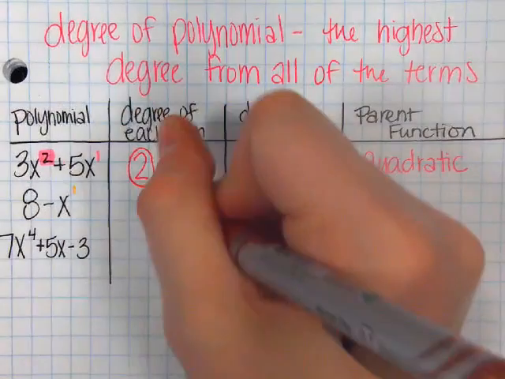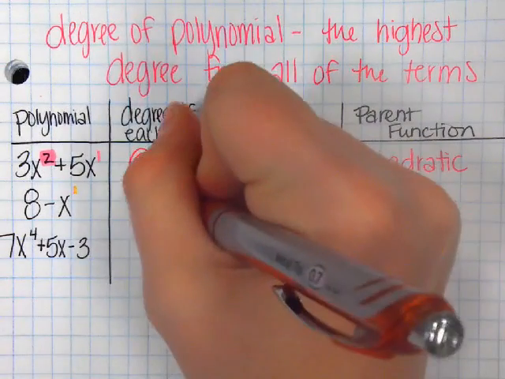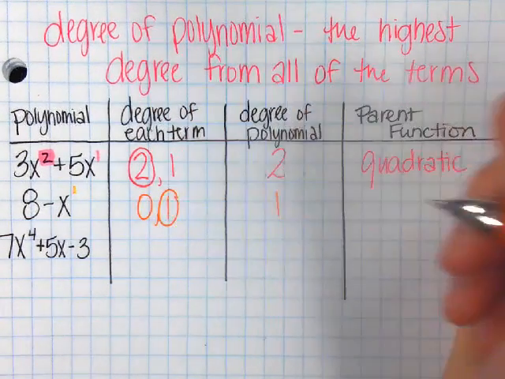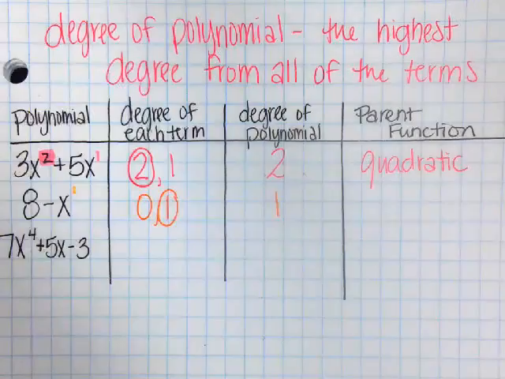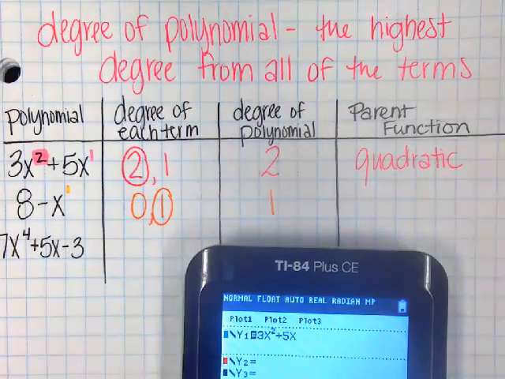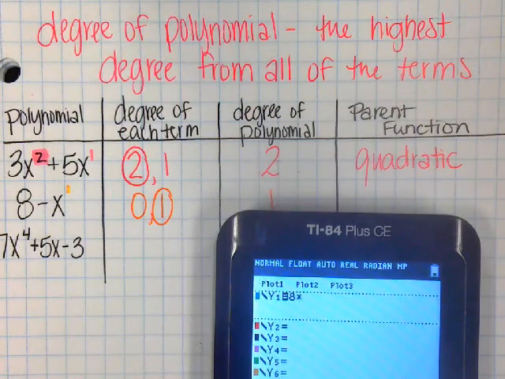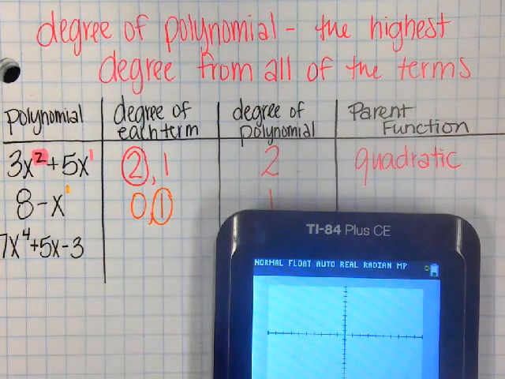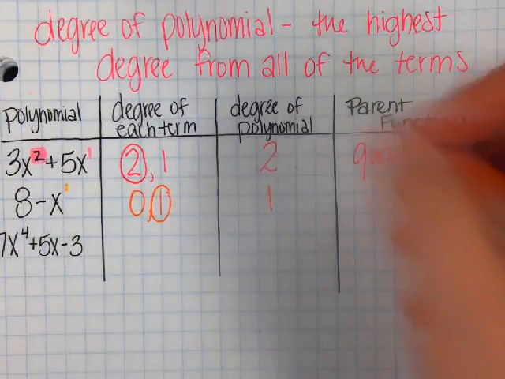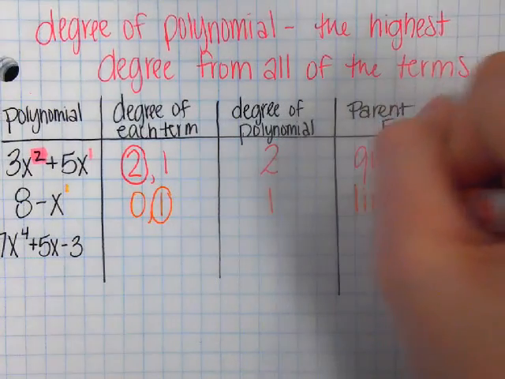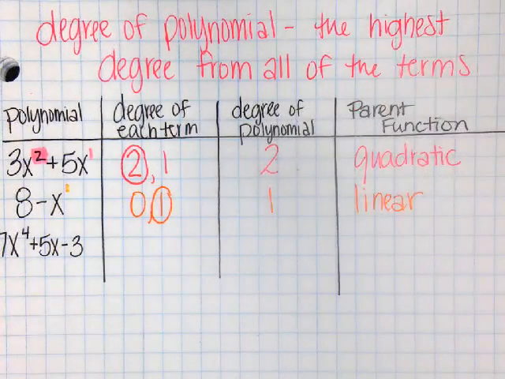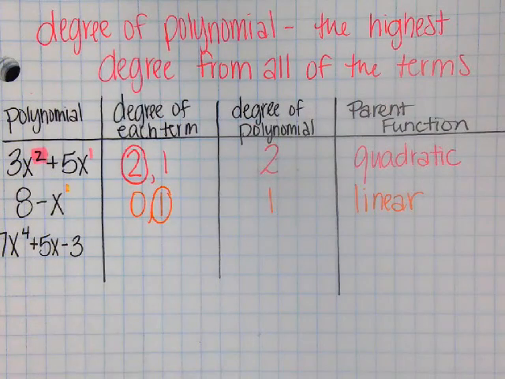The next one has a degree of 1. The highest out of that is 1. So let's type this one in. So 8 minus x, graph it. Notice it's just a line. So that would be linear.